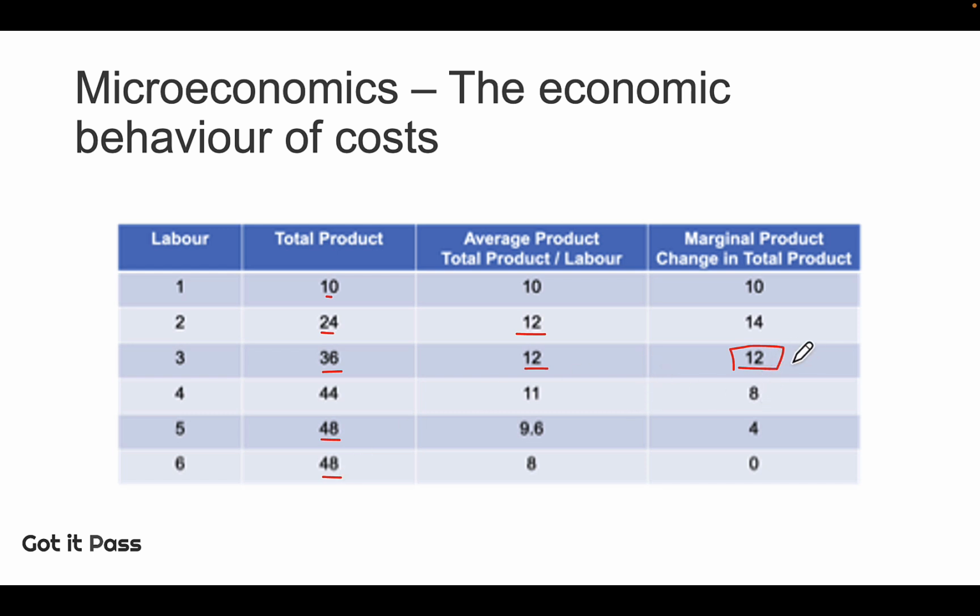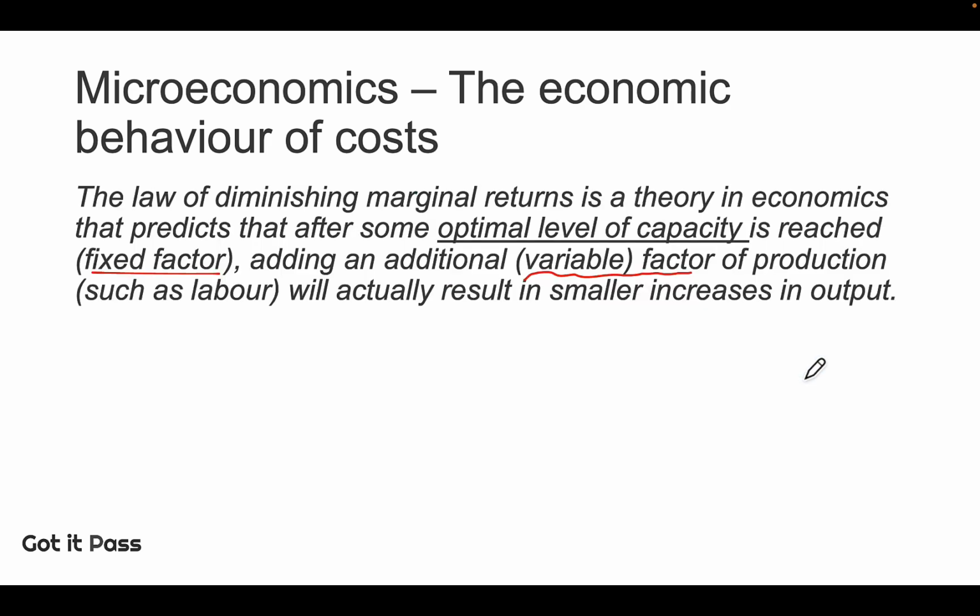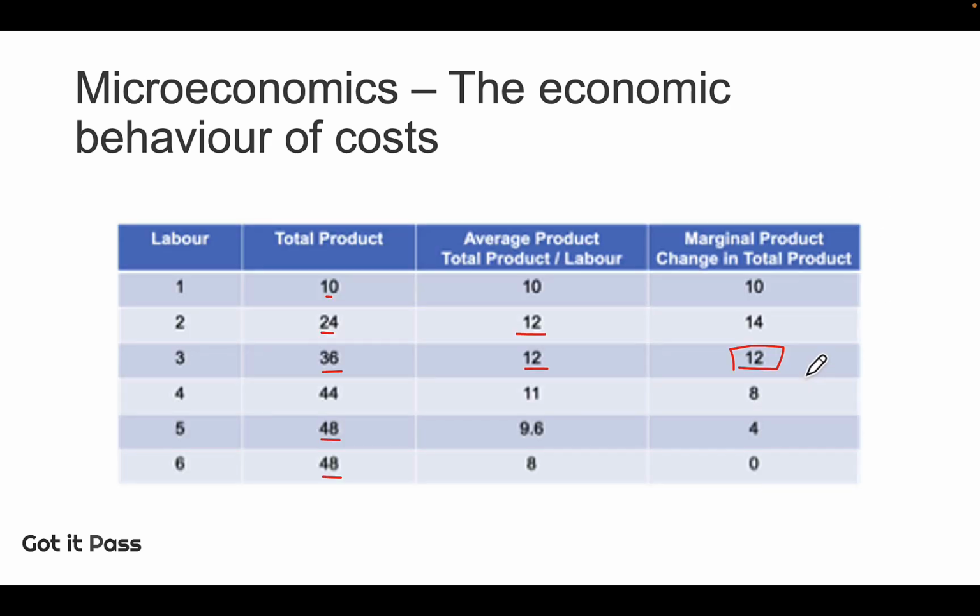So you can see the marginal product change in total product decreased from 14 to 12, and from 12 to 8, and then from 8 to 4. So even if you increase the number of labor in the production line, the marginal product cannot be increased as much as at the initial stage.